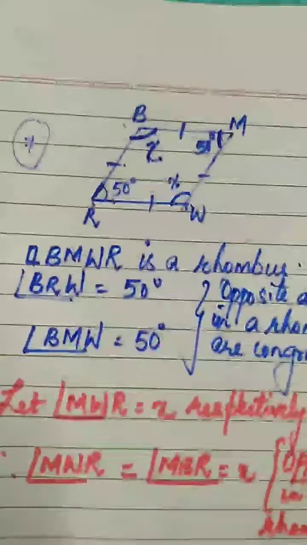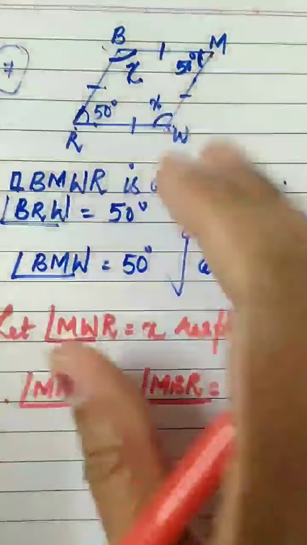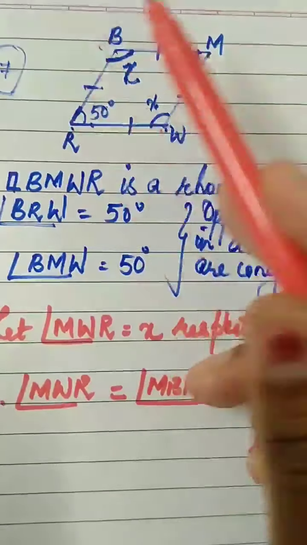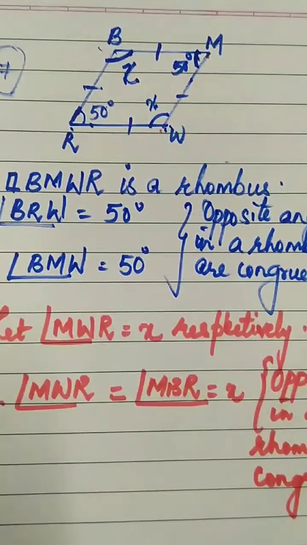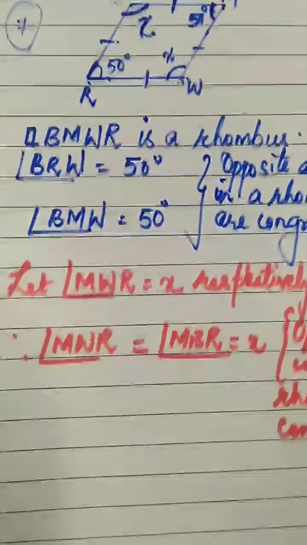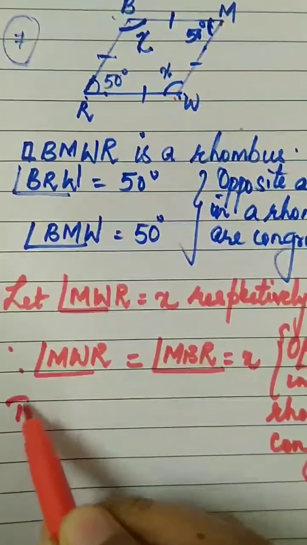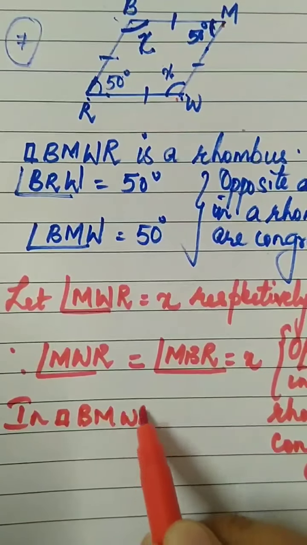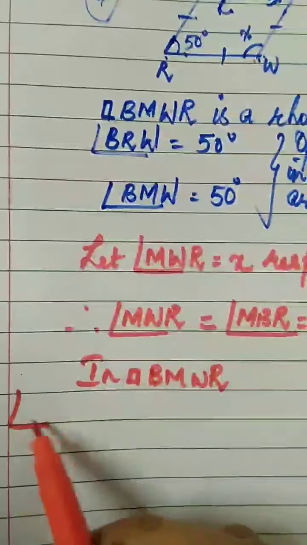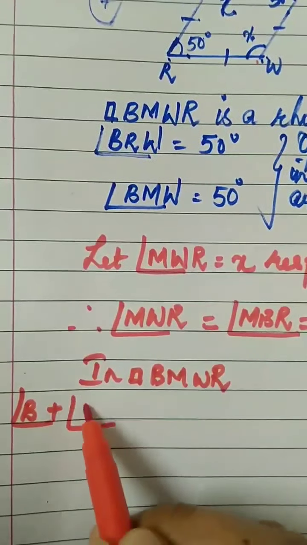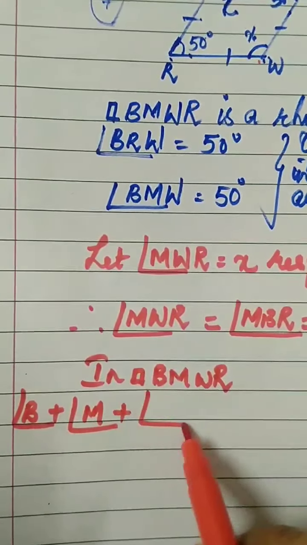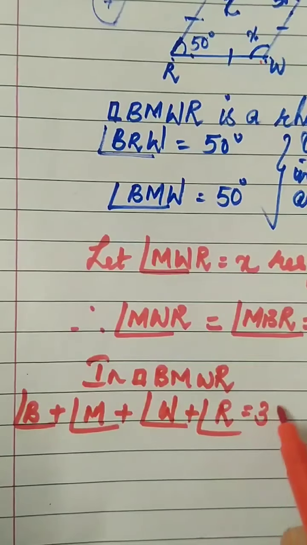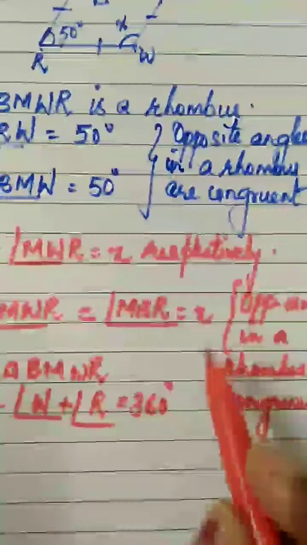Now again we will go back to the 360 rule. If you add all the angles in a quadrilateral, you will get 360. So let us write, in quadrilateral BMWR, angle B plus angle M plus angle W plus angle R is equal to 360 degrees.